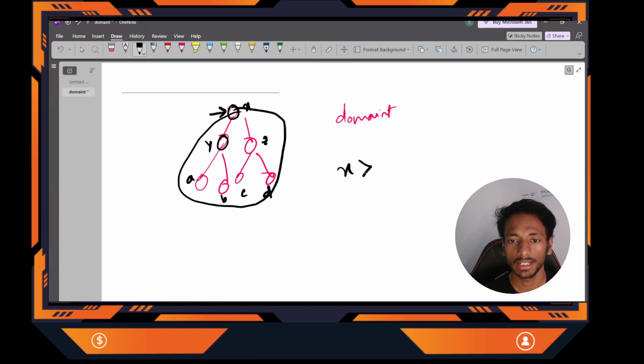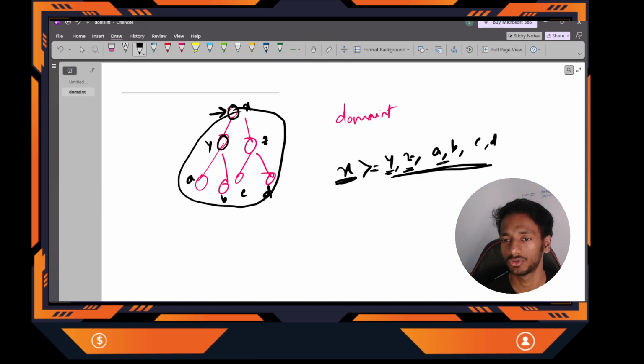If the value of this root node x is greater than or equal to all the values present in this hierarchy, y, z, a, b, c and d, then I can call this node a dominant node.